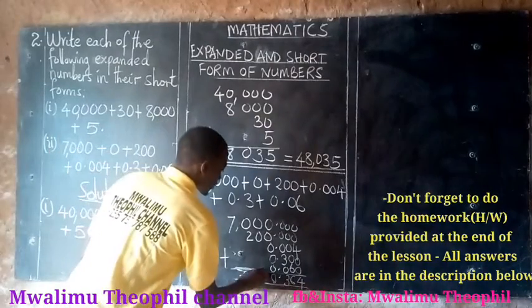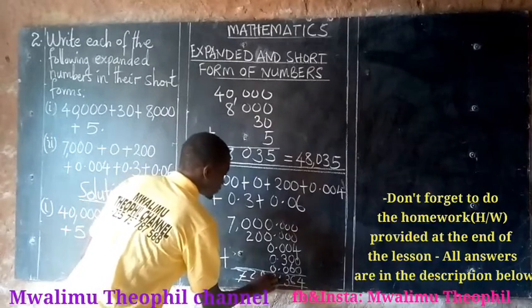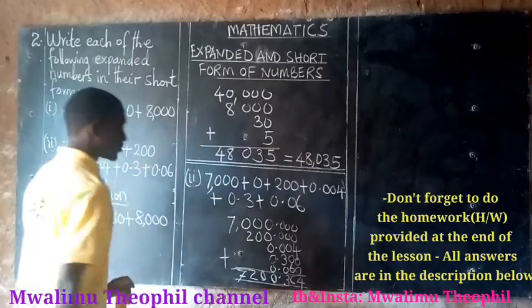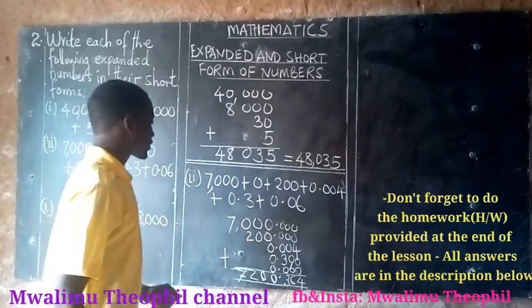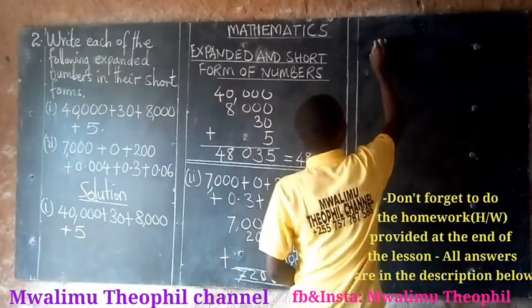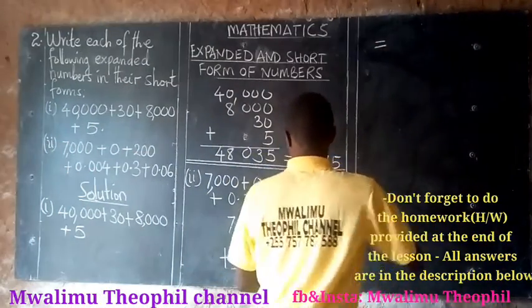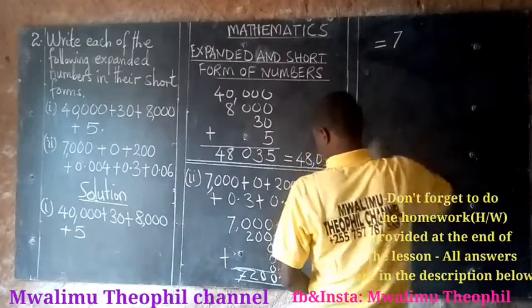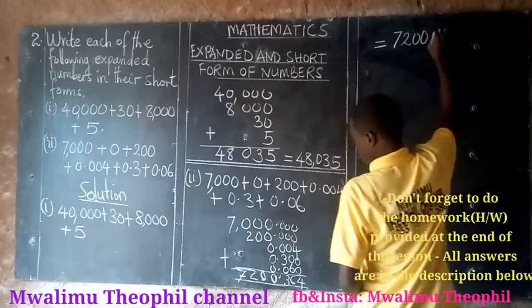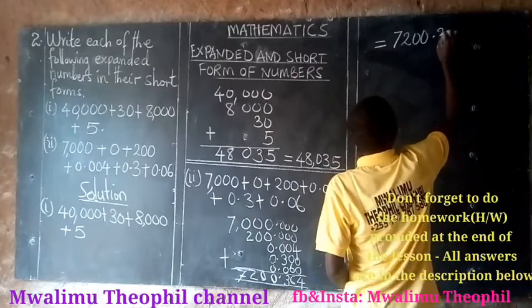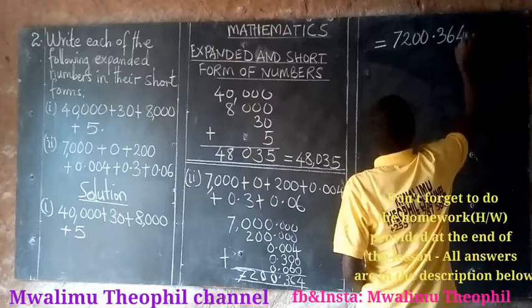So the answer becomes 7,200 point. The answer becomes, the short form becomes 7,200.364.